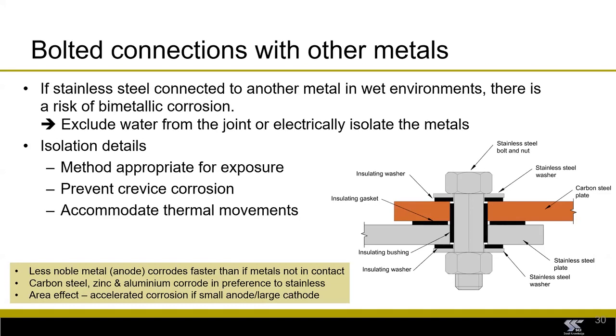It's very complicated to predict whether bimetallic corrosion will occur, and also to what extent it will occur. The less noble metal, the anode, so say if you're joining carbon steel to stainless steel, it'll be the carbon steel that would corrode faster than if the metals were not in contact. So here I've said carbon steel, zinc, aluminium, they would corrode in preference to stainless steel, which would form the cathode in this galvanic cell.